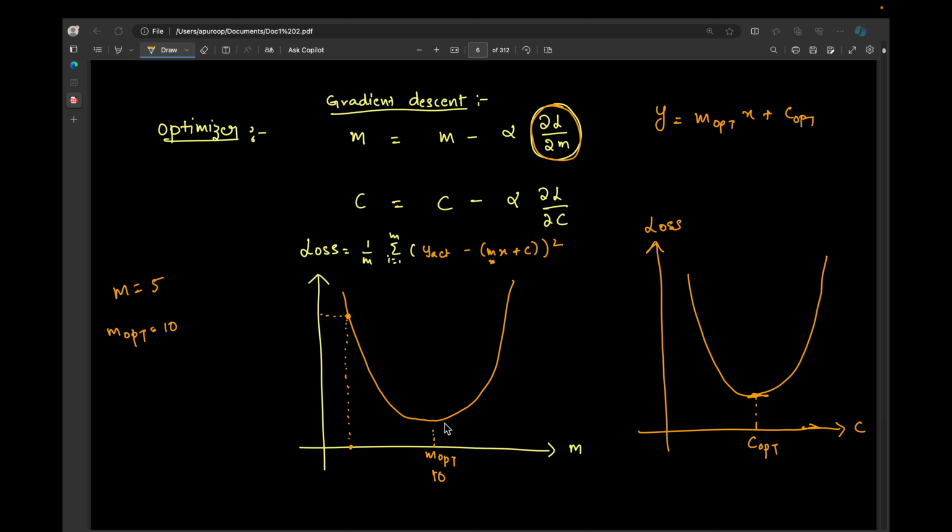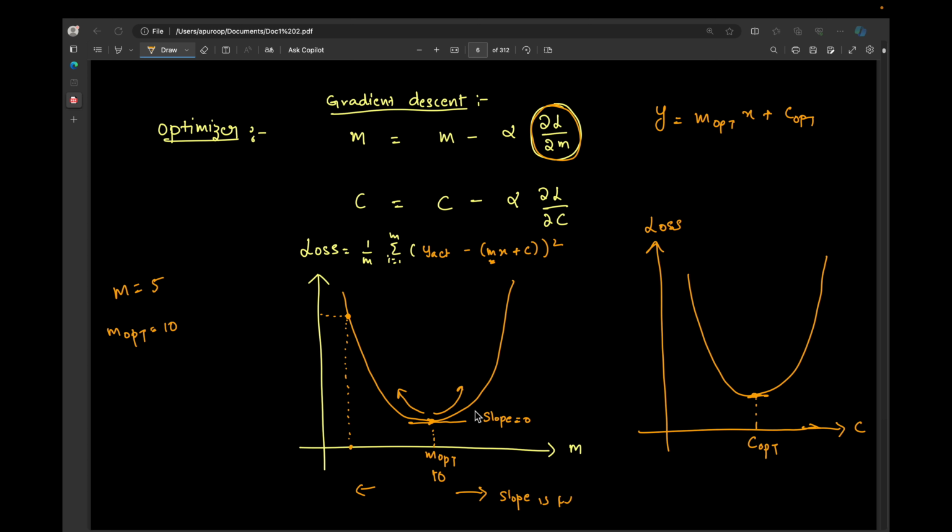At this point, the slope is 0. For all the points on this side, the slope will be positive, and on this side the slope is negative. So from this point, if we go this side, the slope is negative, and if we go this side, the slope is positive.